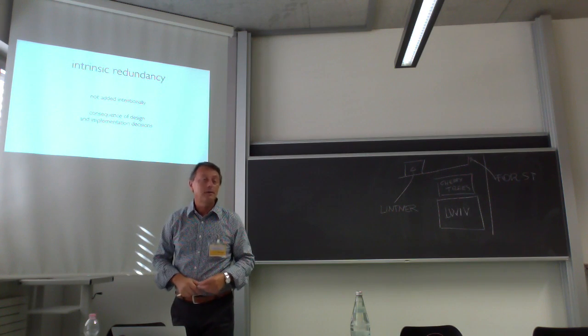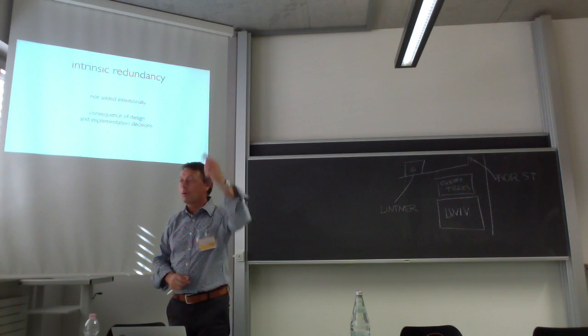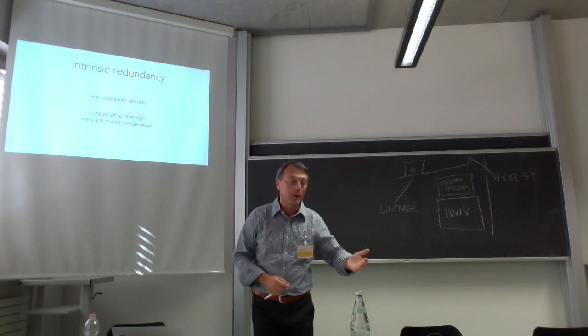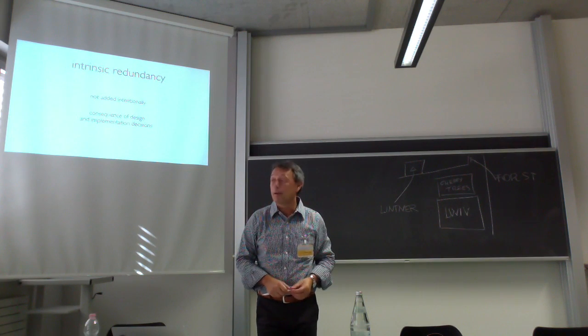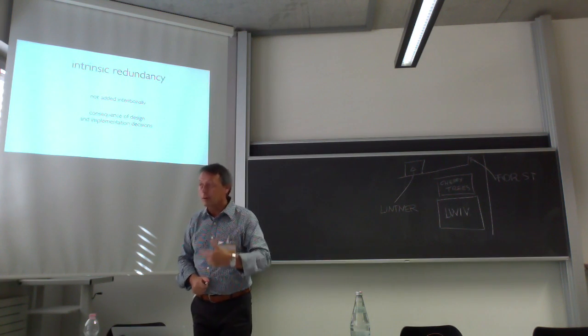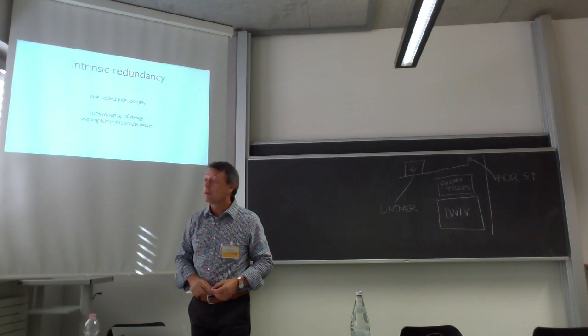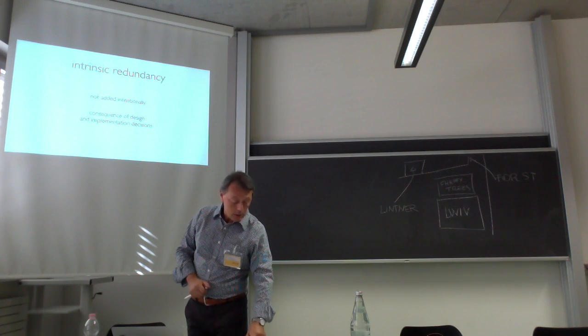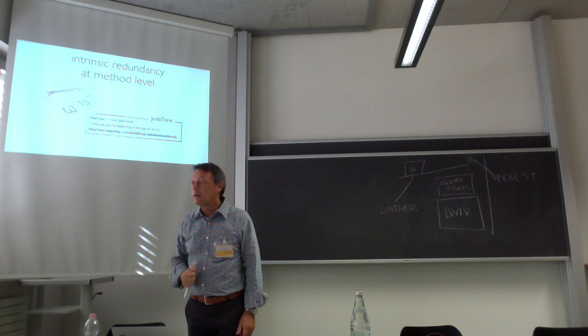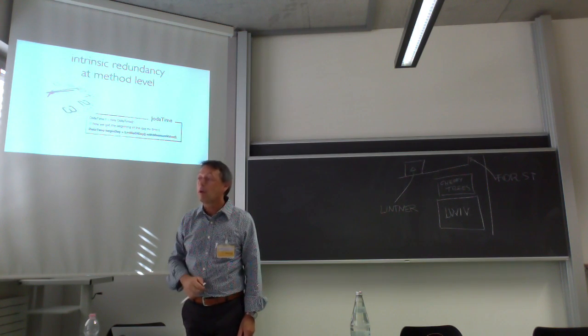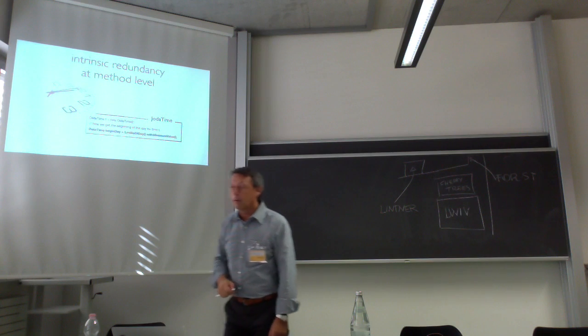That is why I spent so much time telling you how to get models from the system execution automatically instead of starting from specifications: writing specifications is difficult and expensive. Writing assertions or replicas is difficult and expensive. So what I'd like to do now is tell you what I mean by intrinsic redundancy, show that it exists, and show how we can use it to make software more reliable.